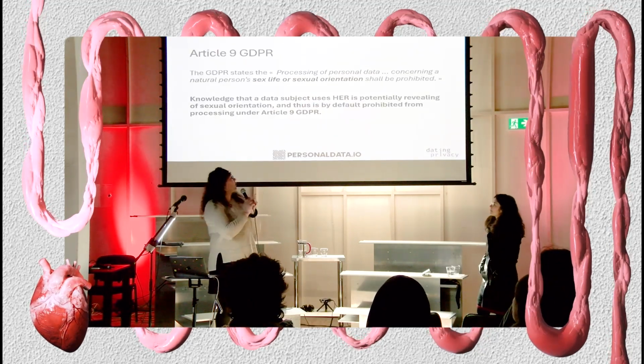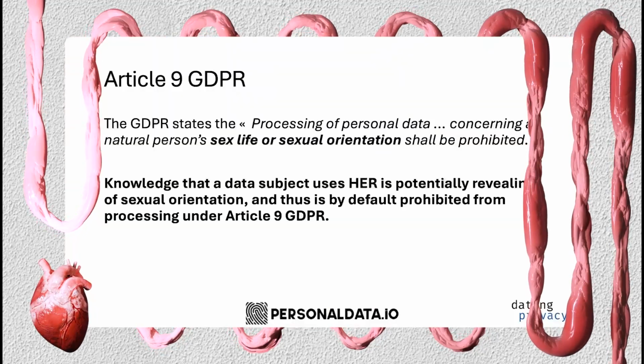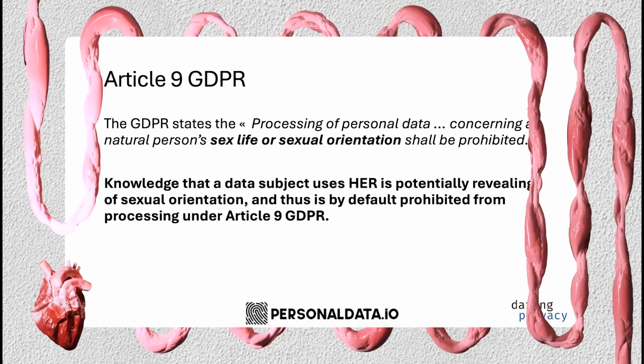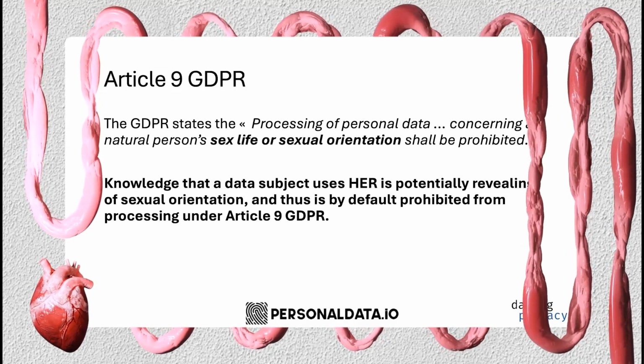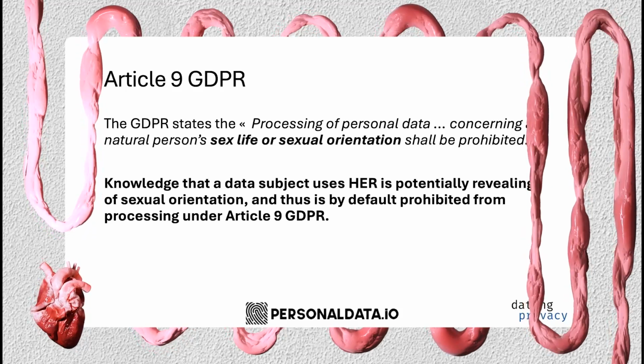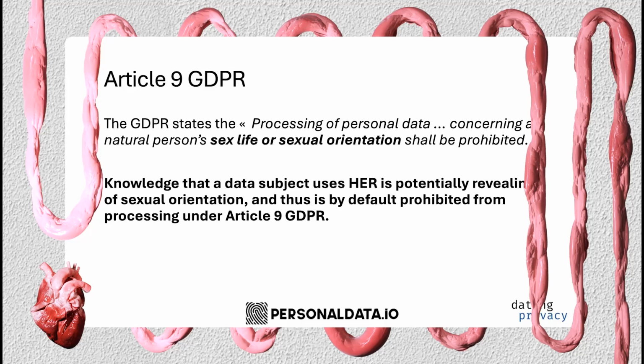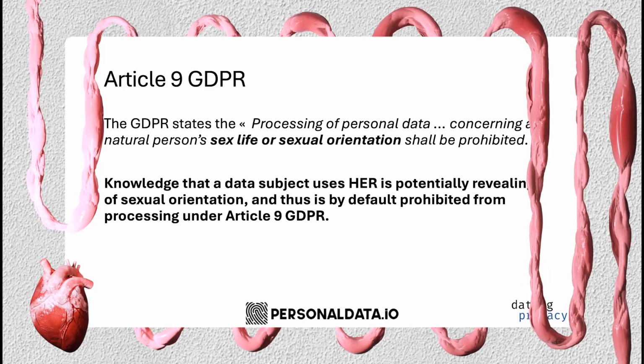So first, a background. In Article 9 of the GDPR, it's prohibited to process data that relates to people's sex life or sexual orientation. It's prohibited by default, and companies have to have specific reasons to later process it. And so that puts some of these apps in a tricky situation because if they share that sort of data with advertisers, they can get in trouble.